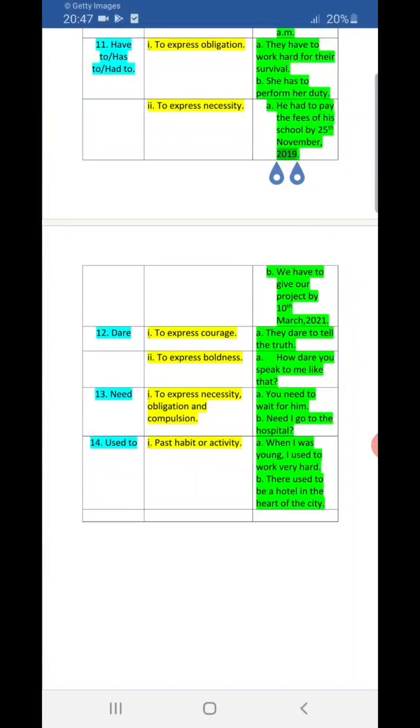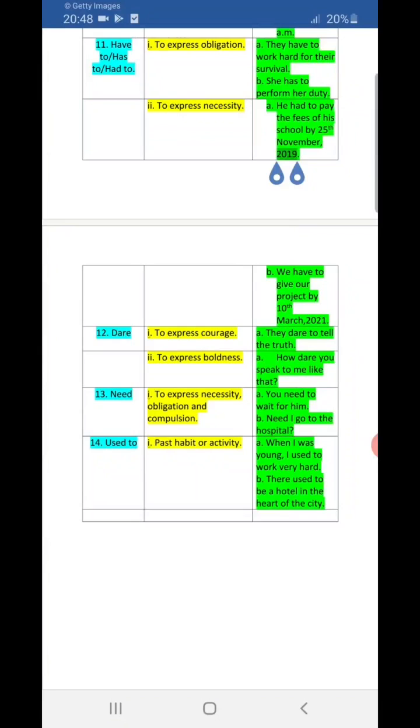So it's a kind of necessity or a kind of compulsion. Next, number B. Need I go to the hospital? So it's basically expressing obligation.